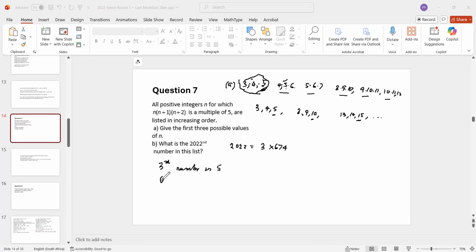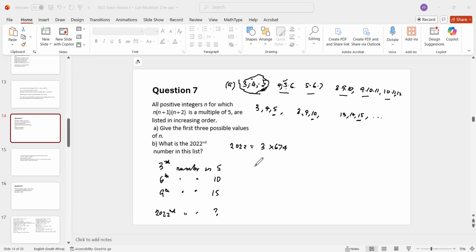The sixth number is 10. The ninth number in the sequence is 15. And you want to know what is the 2022nd number. All right. Fortunately, 2022 is a multiple of 3.